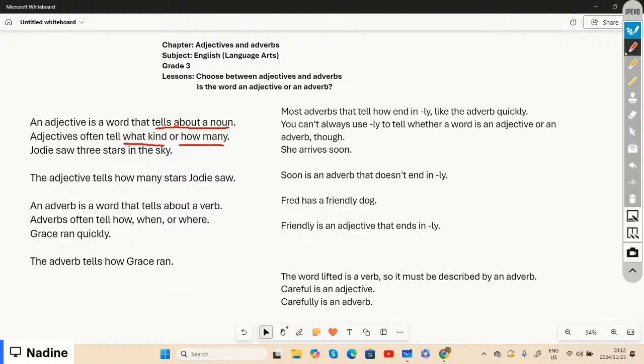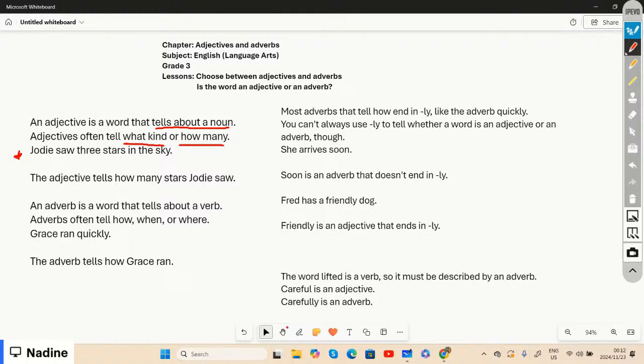And when it comes to adjectives that tell us what kind or how many, here's an example. It says Jody saw 3 stars in the sky.